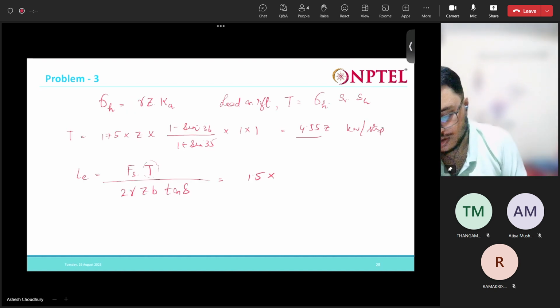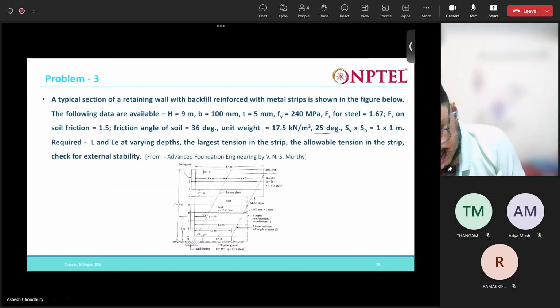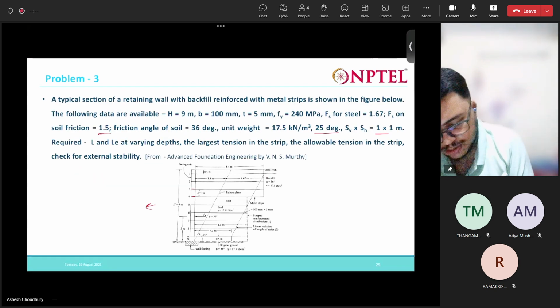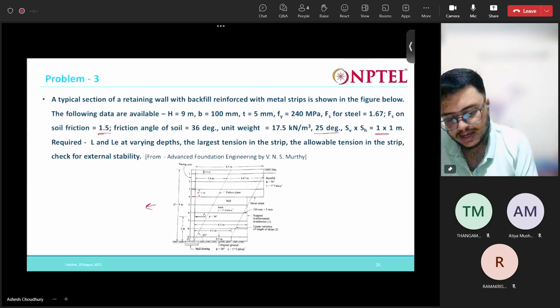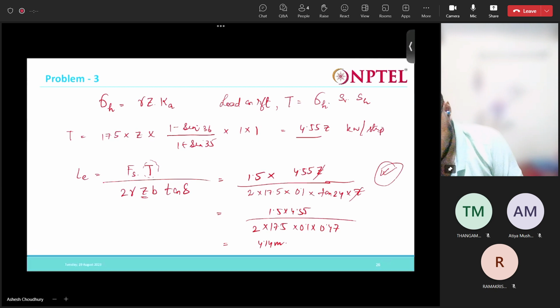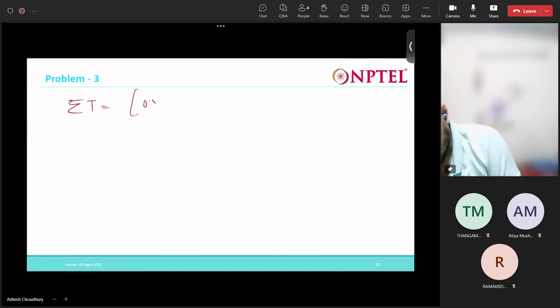There are 9 layers, right? The first one is at 0.5 meter depth, then 1.5 meter, like that.